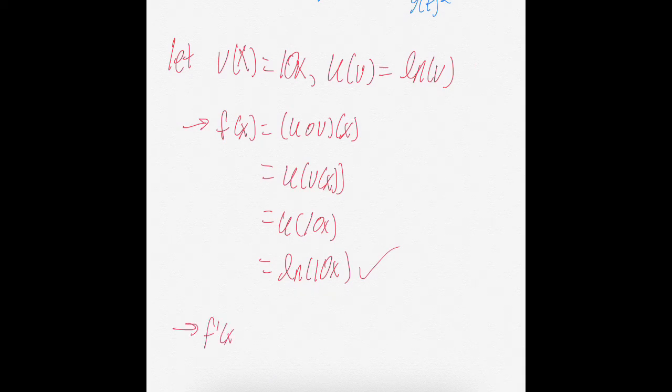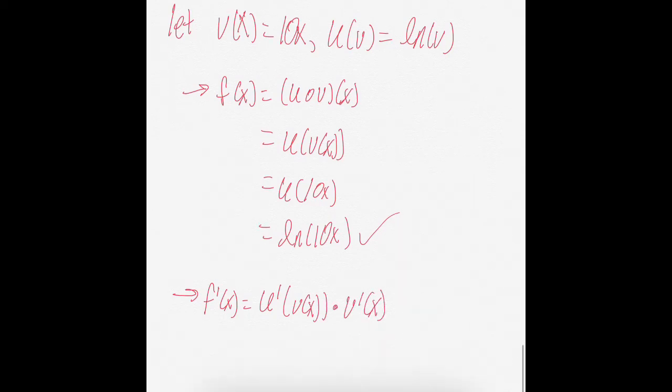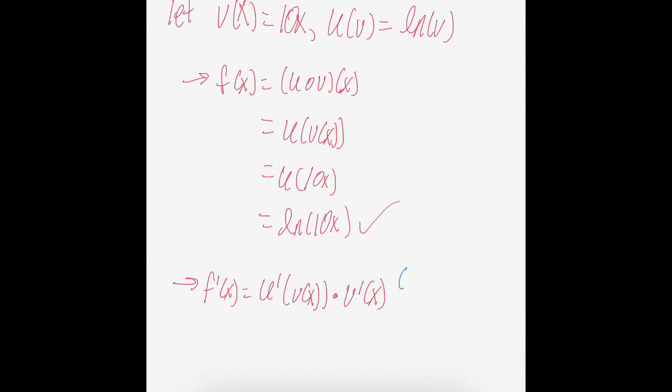So yeah, this is f of x. Okay, so that means then that f prime of x is going to be u prime of v of x times v prime of x. So this right here, this is chain rule, which we are applying.